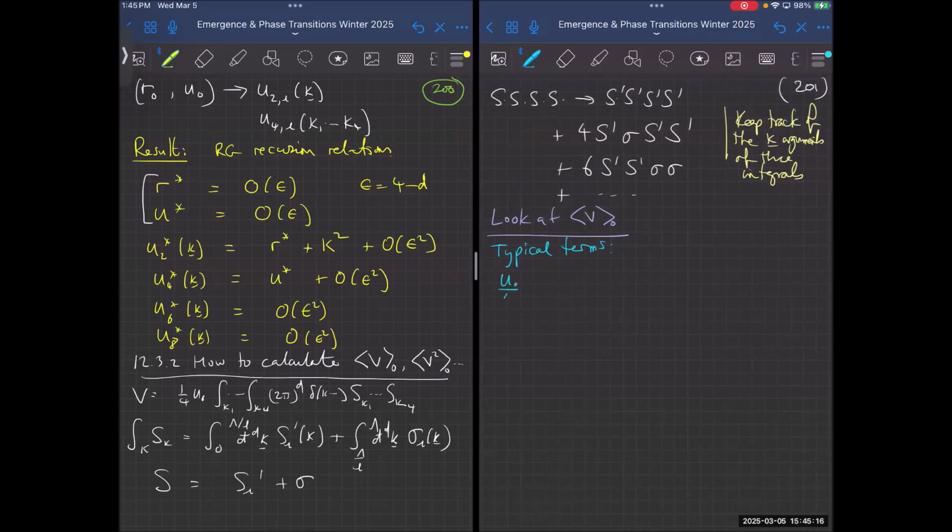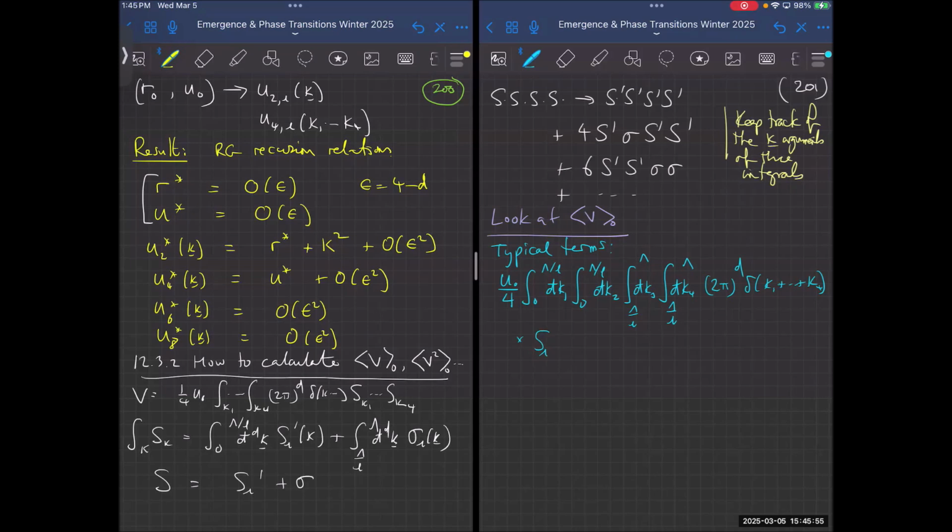So I'm going to get u naught over 4, the integral from naught to lambda over L, d^d k1, the integral from naught to lambda over L, d^d k2, the integral from lambda over L to lambda, d^d k3, the integral from lambda over L to lambda, d^d k4, over 2 pi to the d, delta of k1 up to k4, and then that's going to be multiplied by what?